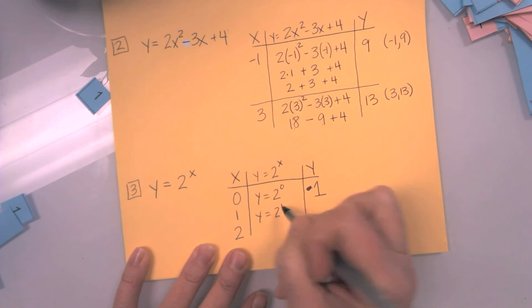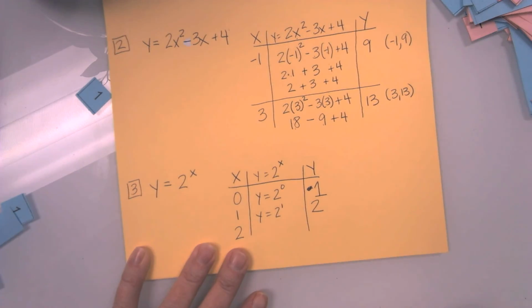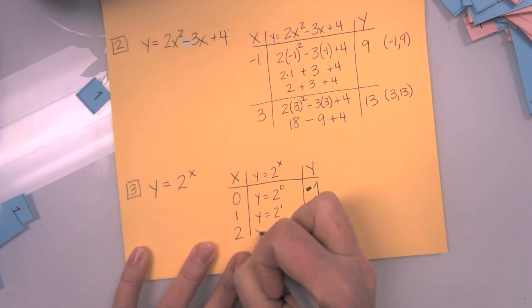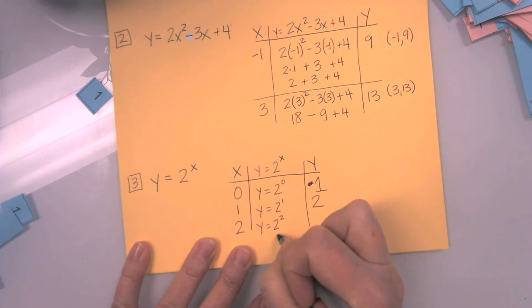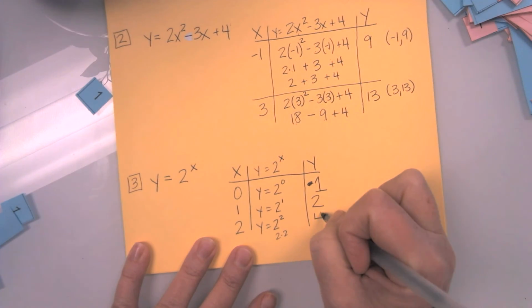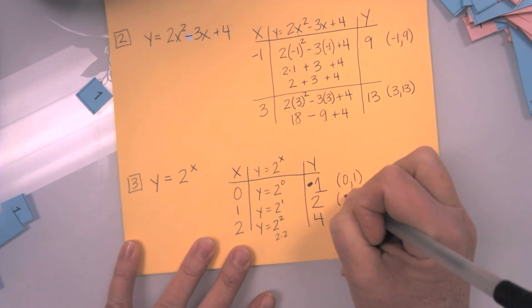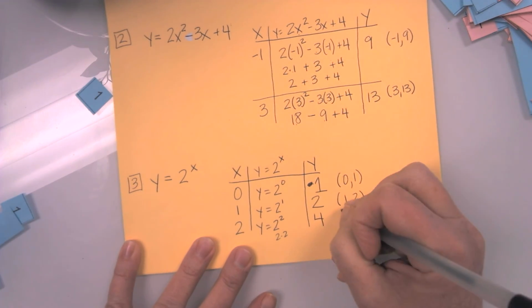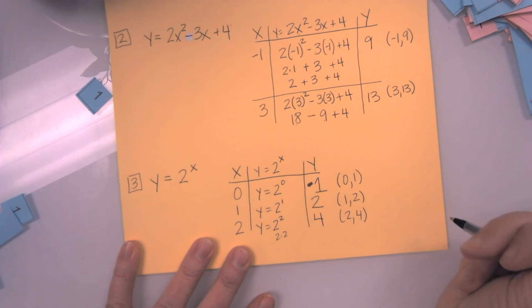Well, any number to the first power is itself, so that's going to be 2. Now, if I have y equals 2 to the second power, well, 2 to the second power is 2 times 2, which is 4. So here are my points, 0, 1, 1, 2, and 2, 4. And I have 3 points that I could now graph.